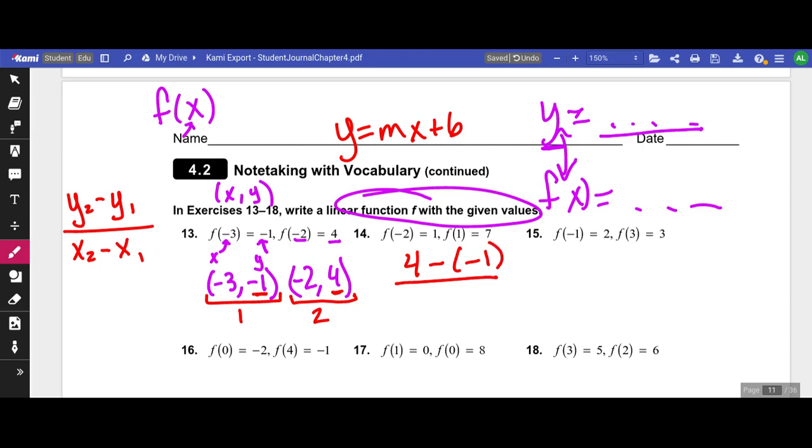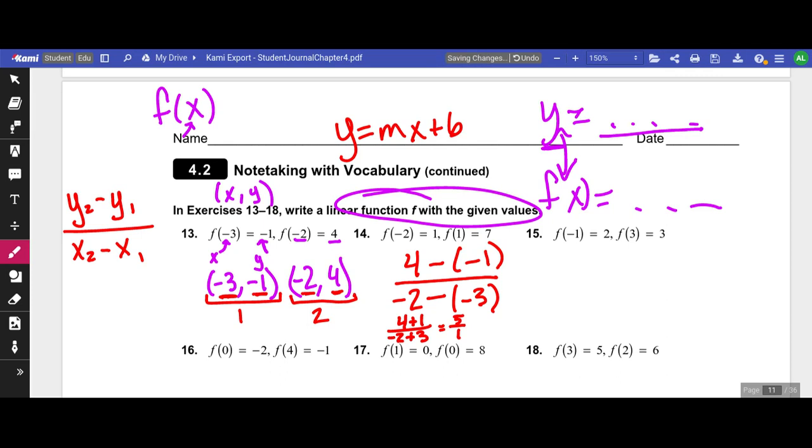Then x2 minus x1, so the x from our 2 point is -2 minus x1, so the x from our 1 point is -3. So let's rewrite that. That's 4 plus 1 and -2 plus 3. So that gets me 5 over 1.